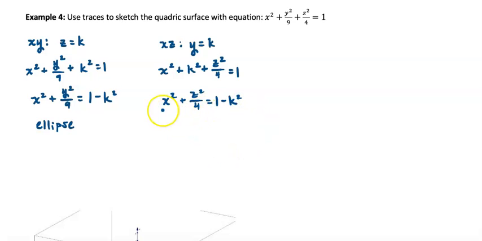All right, because my x squared and z squared terms are both positive, and because our coefficients are different, this is also an ellipse.